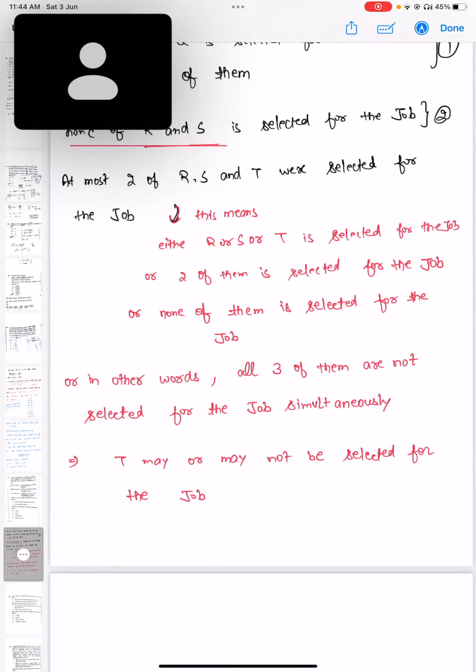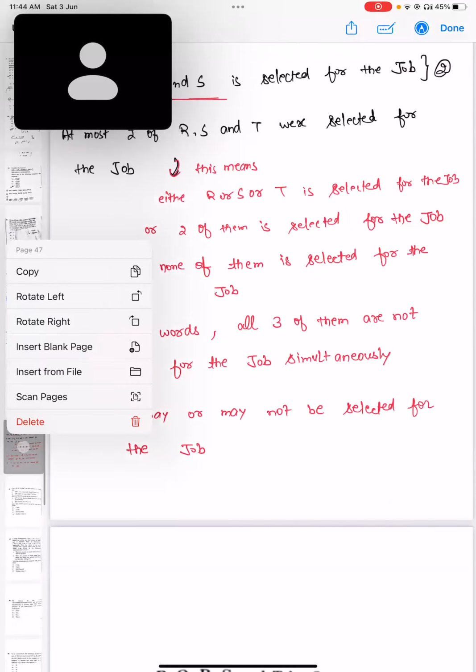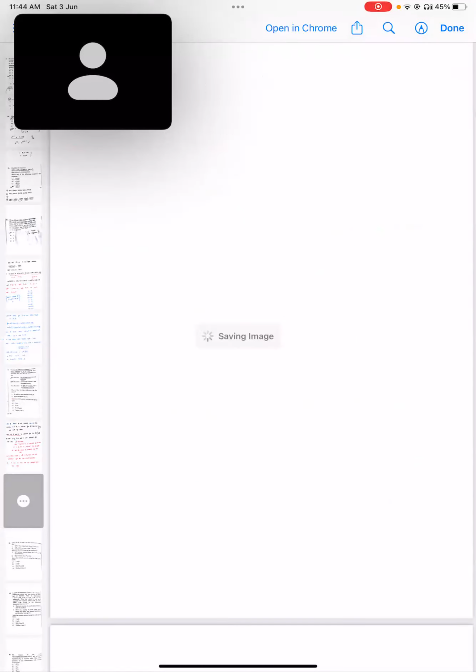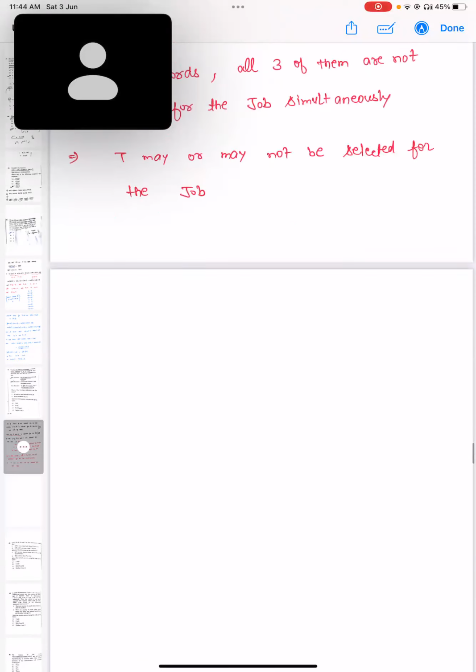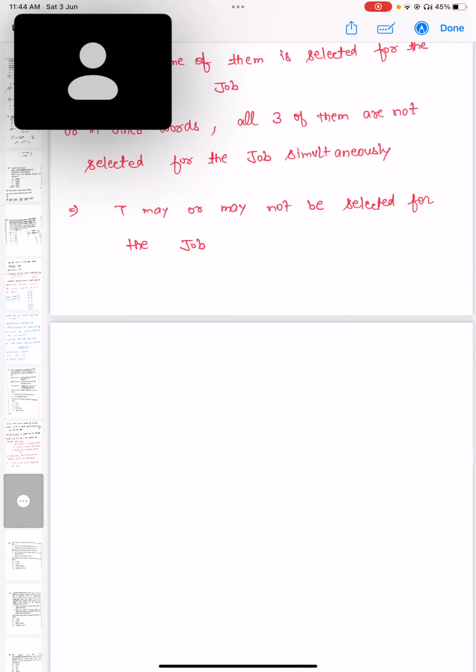So, what do we have till now? P or Q is selected for the job, R and S are not selected, T may or may not be selected.